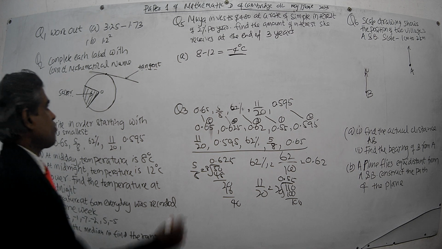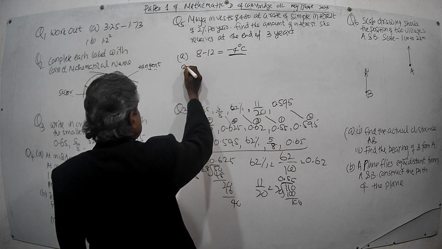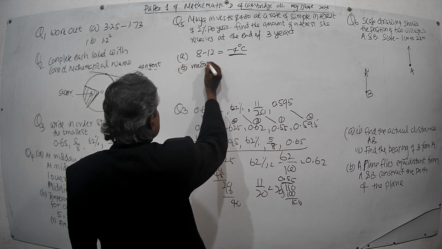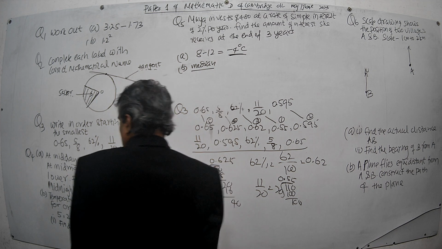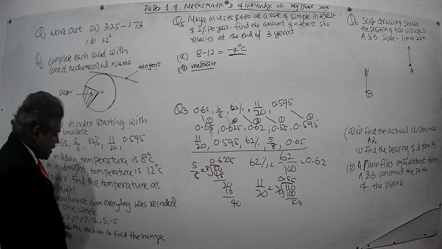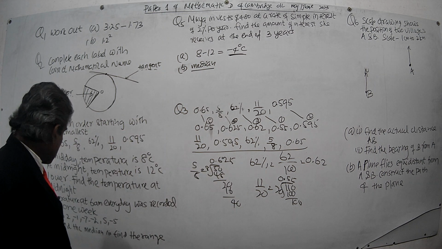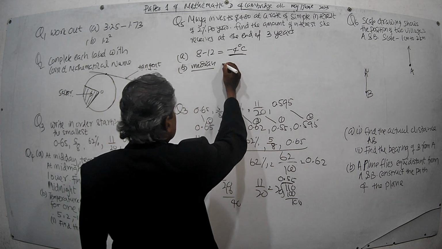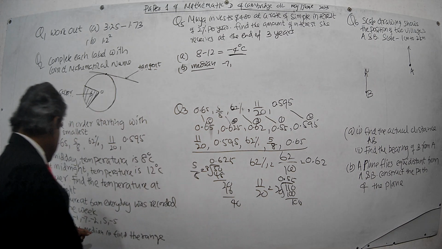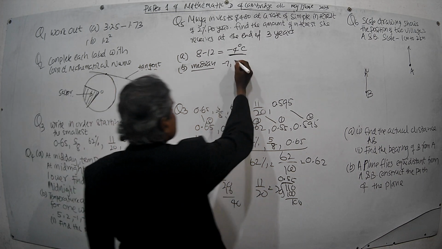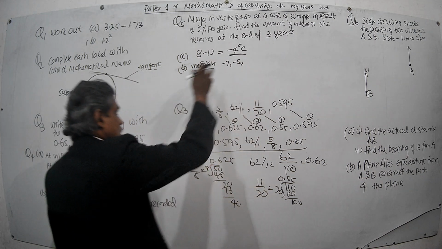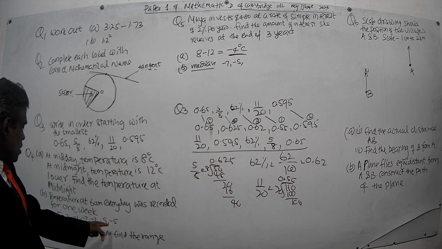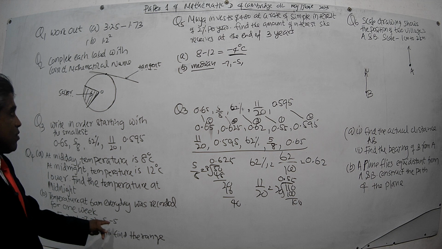Okay, median. First of all, when you find the median, you have to set the data in ascending order from the smallest to the largest. What is the smallest? Smallest is minus 7. Then write minus 7. Next minus 5.